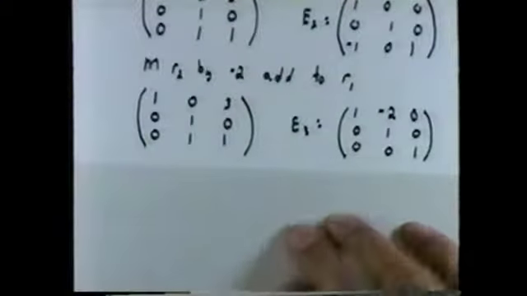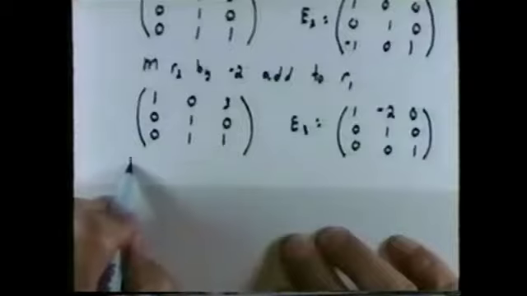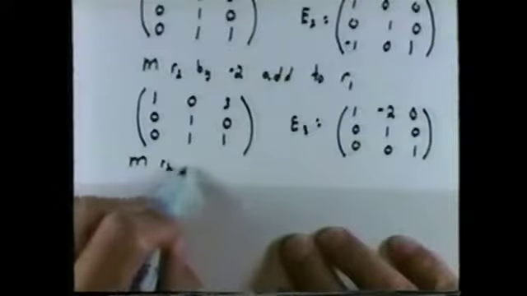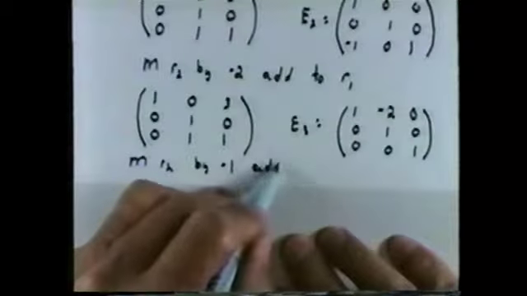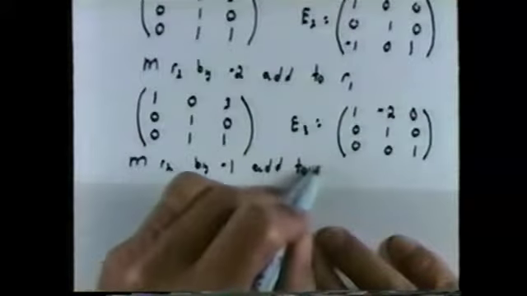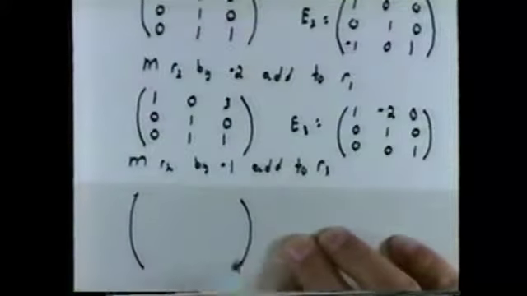Okay, continuing with the reduction process, I need to multiply row 2 by negative 1 and add to row 3, because I need a 0 down here.